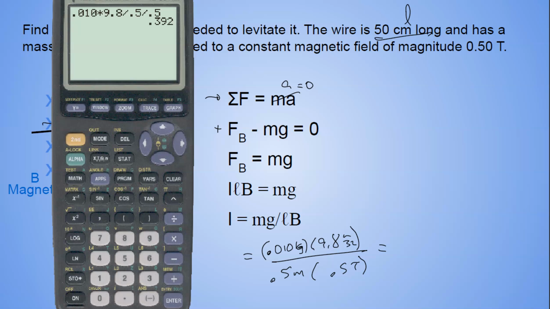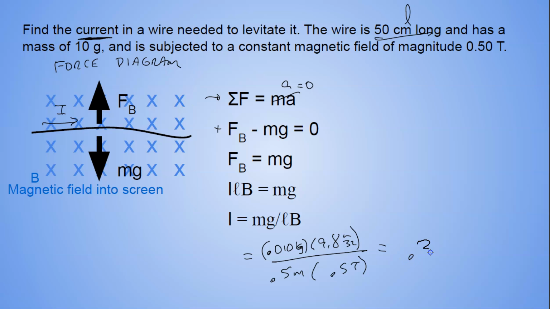Okay, that's not a very heavy wire, and it is a pretty strong magnetic field, right? Half a Tesla, so that's pretty hefty field. But 0.392 amps would do the trick there, and that wire would just hover in the air, just float there. Okay, so that's kind of neat.